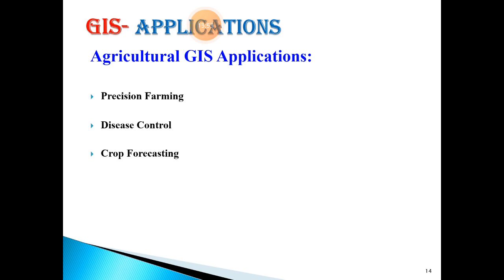Precision farming is a technology wherein we make use of less fertilizers and get more crop yield. GIS also helps in monitoring the spread of pests and disease-causing pathogens so that disease control measures are applied.